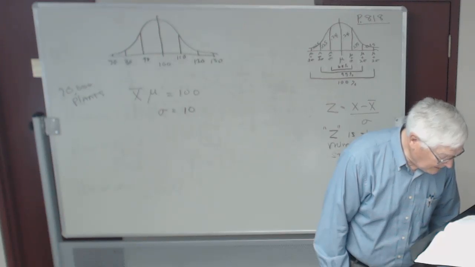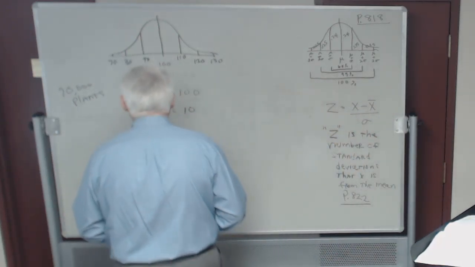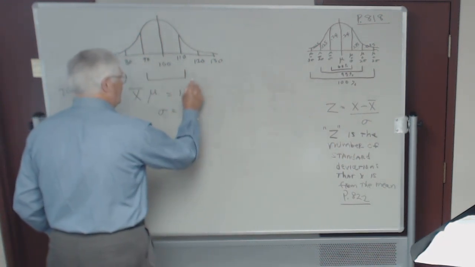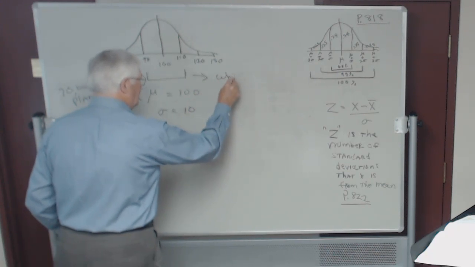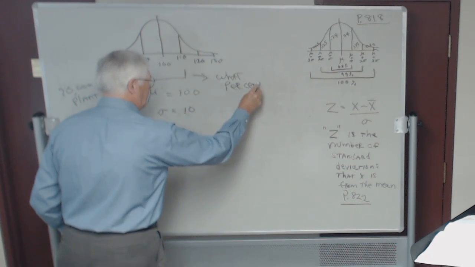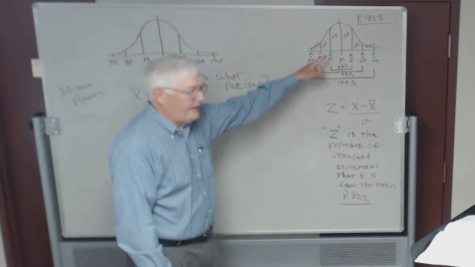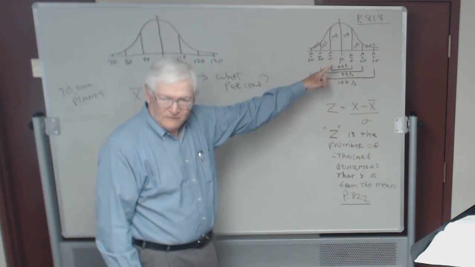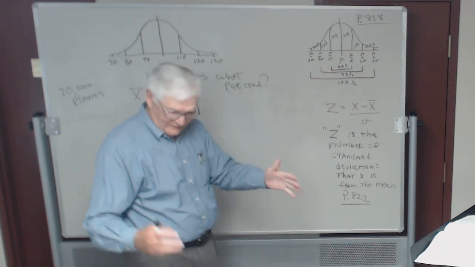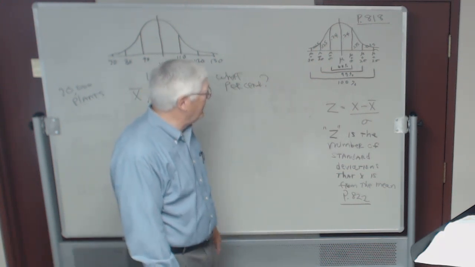What percent of the corn stalks is between 90 and 110? So from 90 to 110, what percent? And see this from page 818? You need to have that information right beside you where you can look at it while you're working the problems.